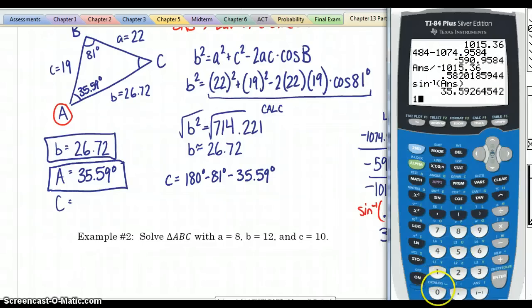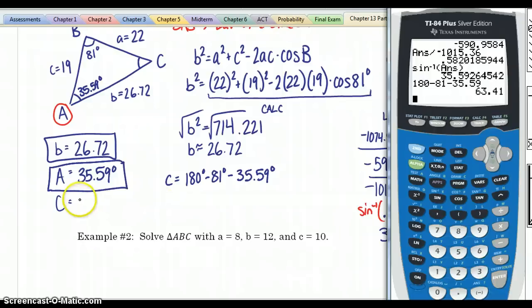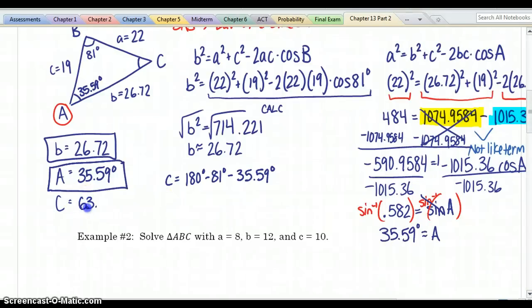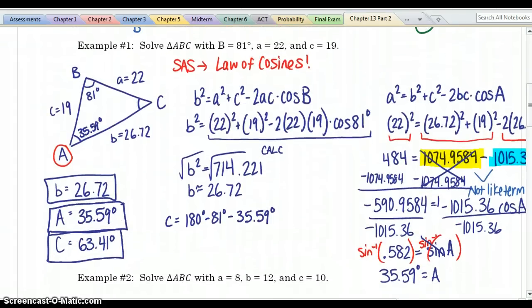So 180 minus 81 minus 35.59, 63.41. And there's my three missing values, and therefore I have solved this triangle.